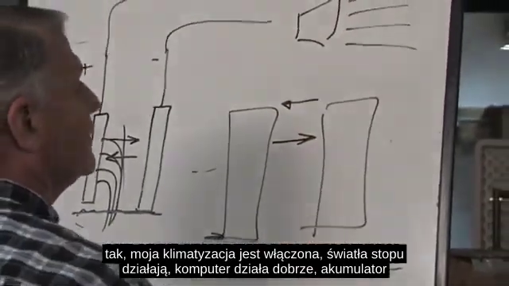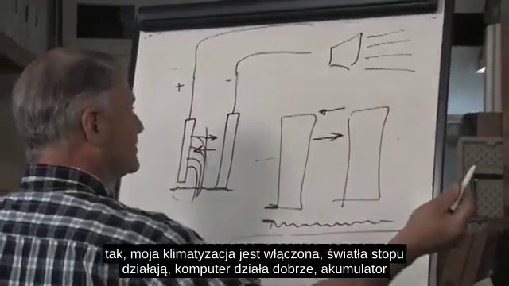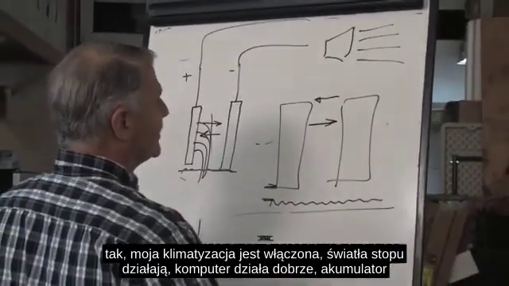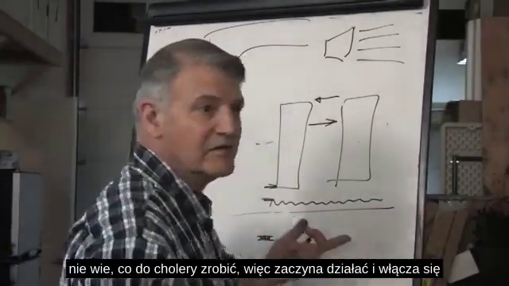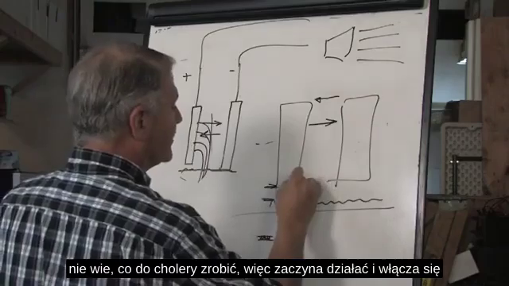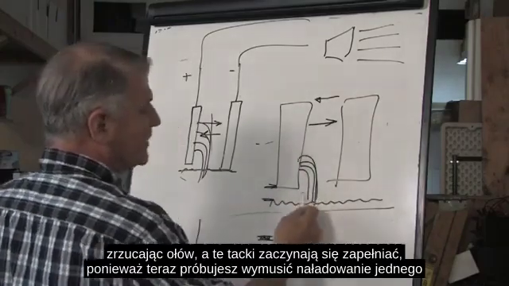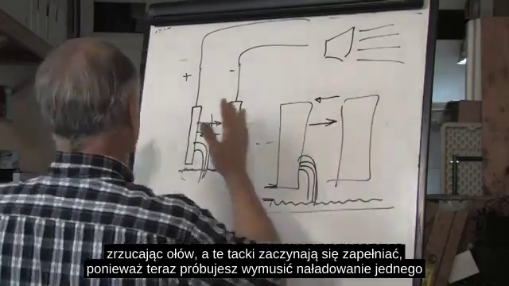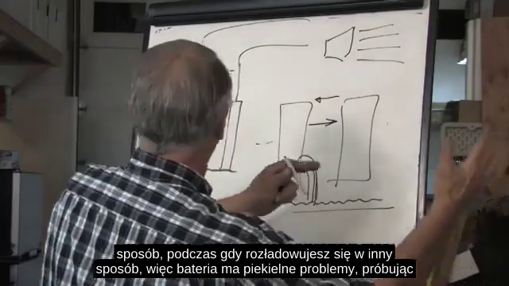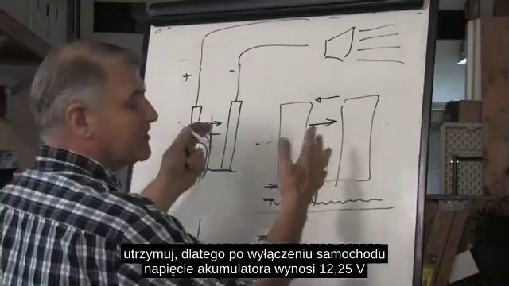My AC's on, my air conditioning is on. My brake lights are running. My computer is running. Well, the battery doesn't know what to do. So what it does is it starts shedding lead, and these trays start to fill up. Because now you're trying to force a charge one way while you're discharging another way. And so the battery's having a hard time trying to maintain.